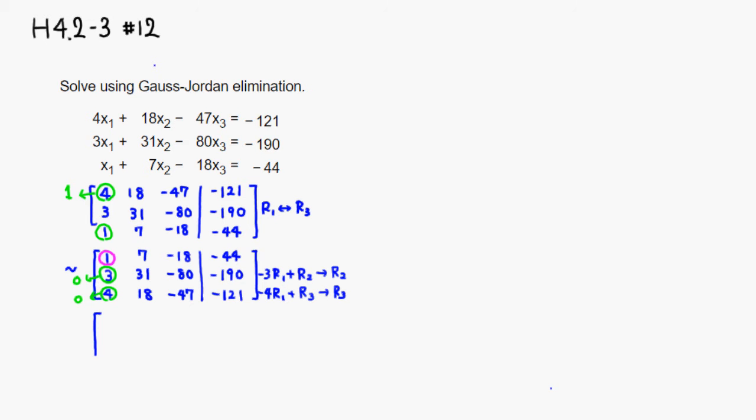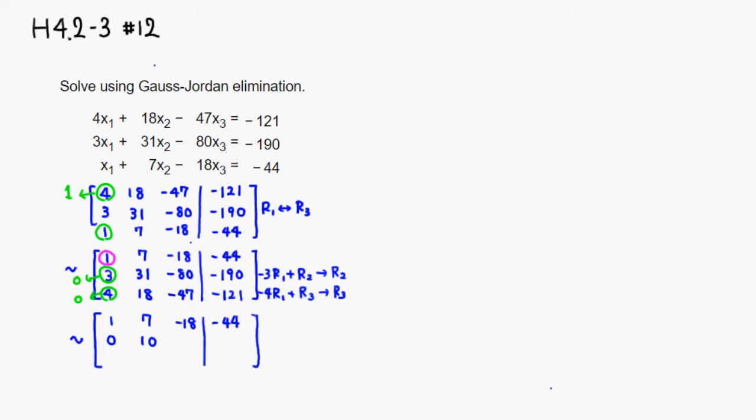So here is the new matrix. Nothing happened to the first row, so the first row is unchanged: 1, 7, negative 18, negative 44. Then 1 multiplied by negative 3 added to 3, so that's 0. 7 times negative 3 is negative 21, added to 31, so that's 10.